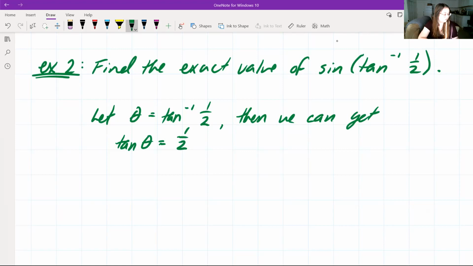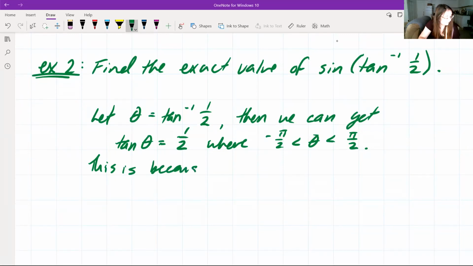So we get tangent of theta is equal to 1/2, where theta is in between negative pi over 2 and pi over 2. This is because tangent of theta is greater than 0. So tangent of theta is equal to 1/2, and tangent of theta is greater than 0.